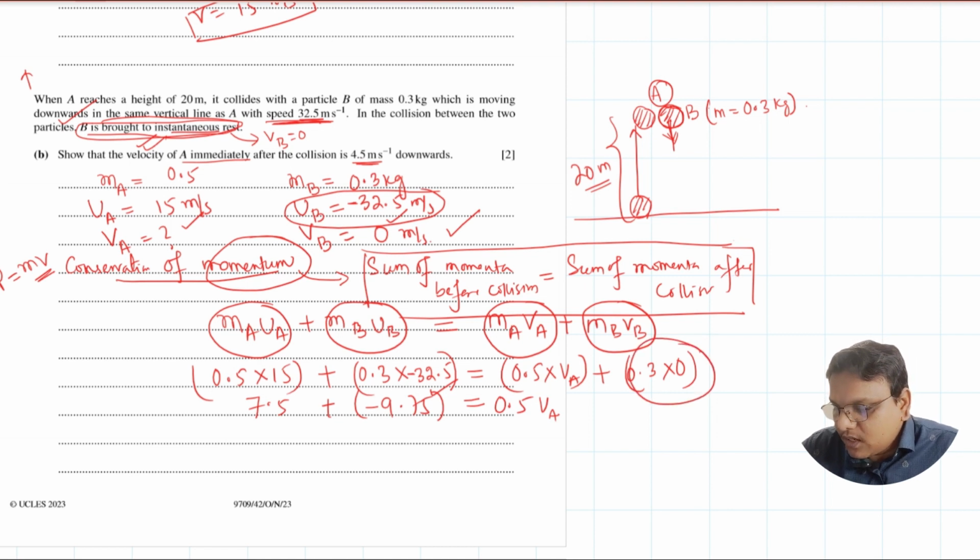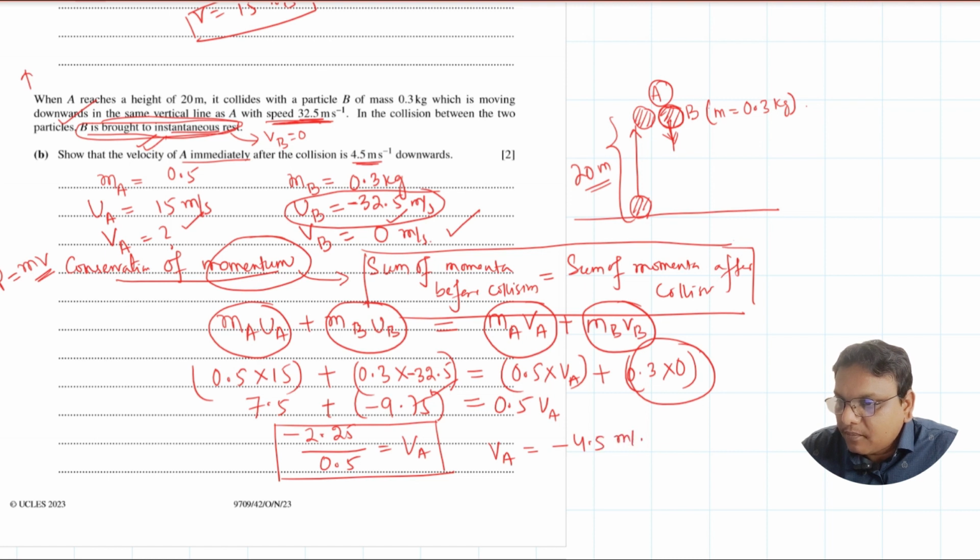So now I'll get minus 2.25 over 0.5 as the velocity of A. If you put the value in the calculator, you might get the speed equal to minus 4.5 meters per second.